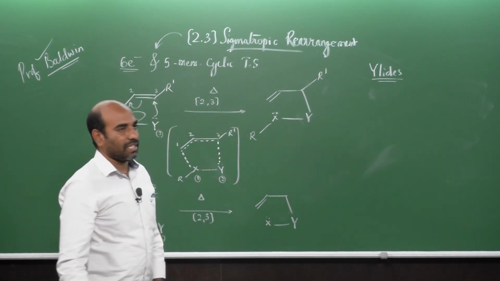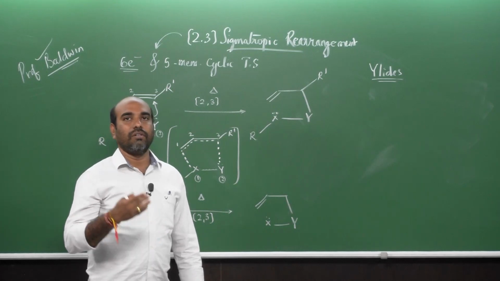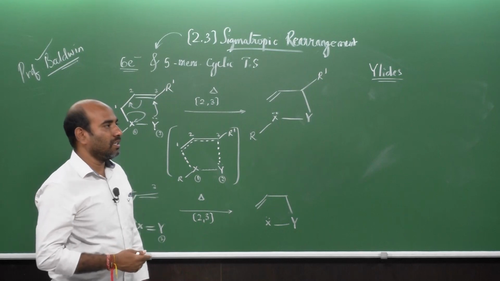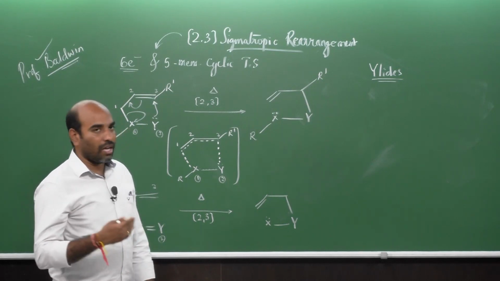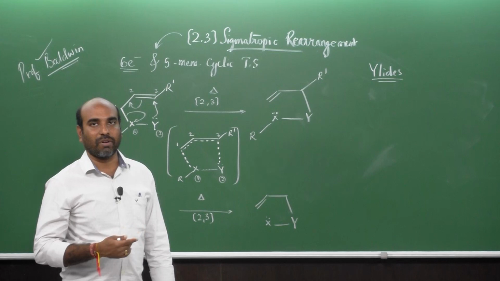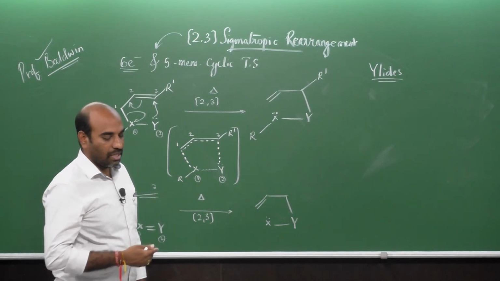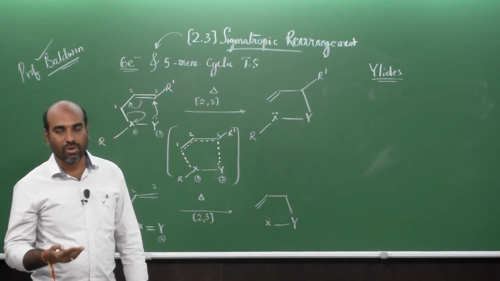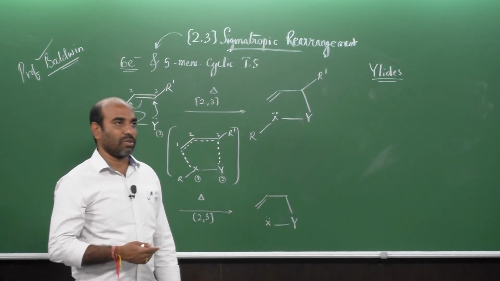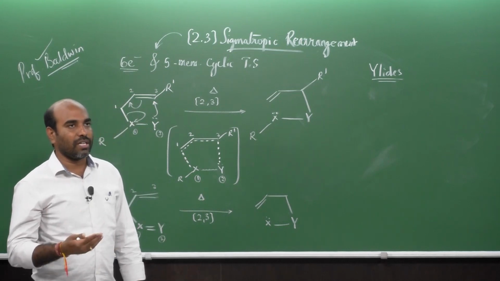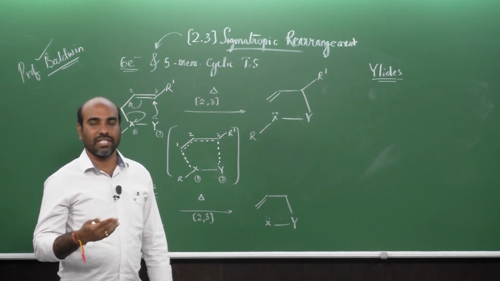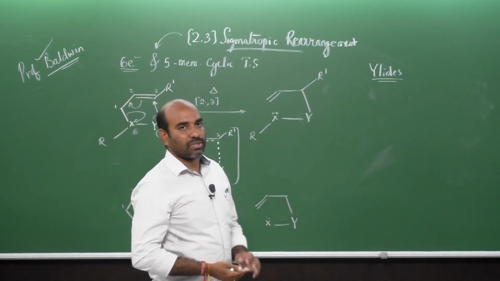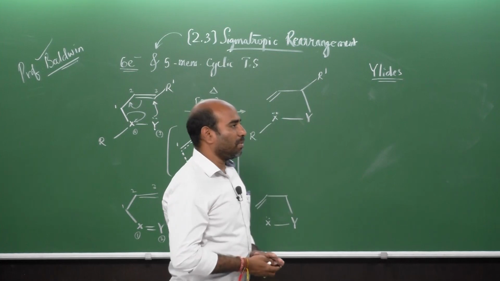So, what kind of ylides? Any ylide molecule which has an allylic system as a substituent on the heteroatom is quite good at performing the 2,3 sigmatropic rearrangement. Again, if an alpha allyloxy group is present, then it is also fine to perform the 2,3 sigmatropic rearrangement. If the ylide system has an allyl sulfoxide group, then also it is fine for the 2,3 sigmatropic rearrangement.